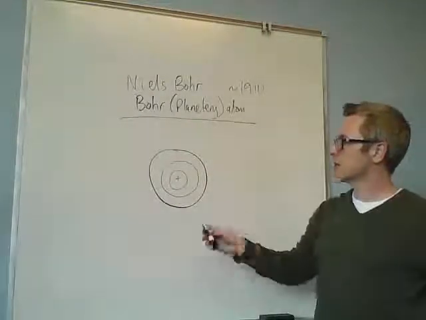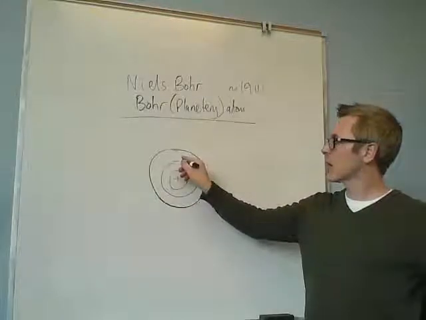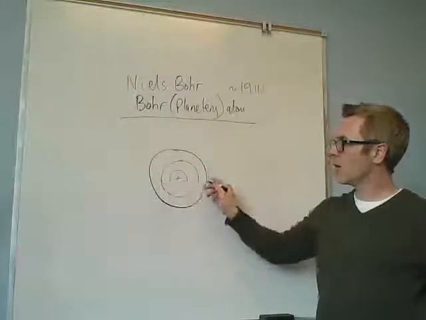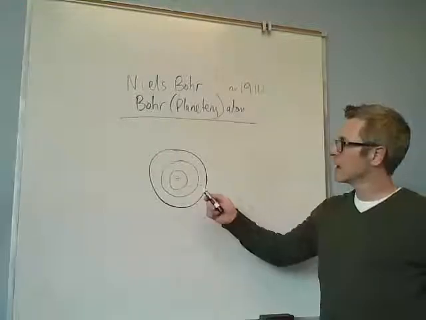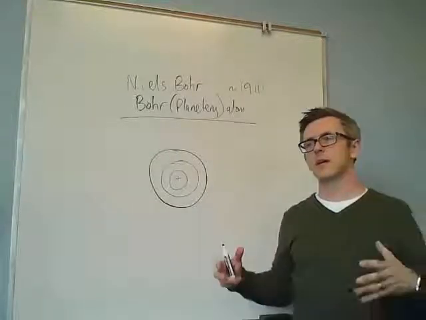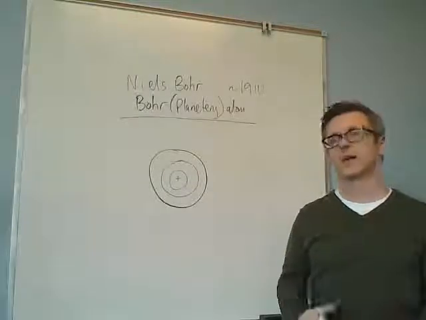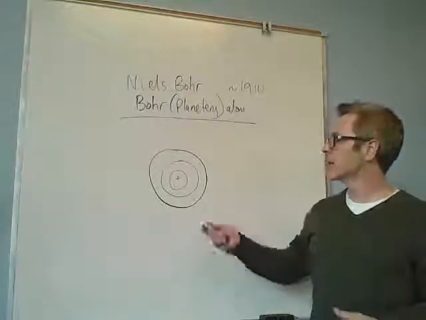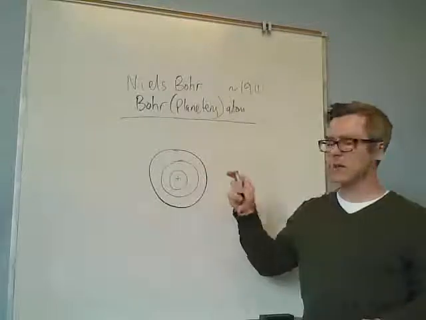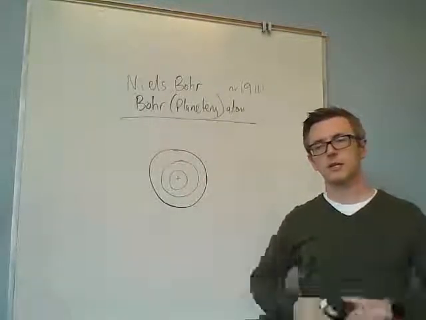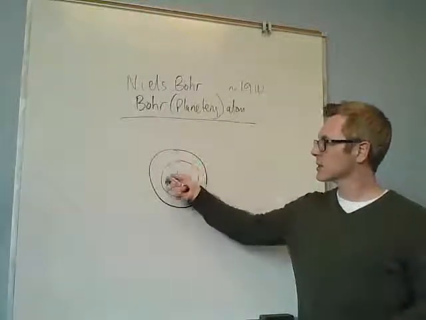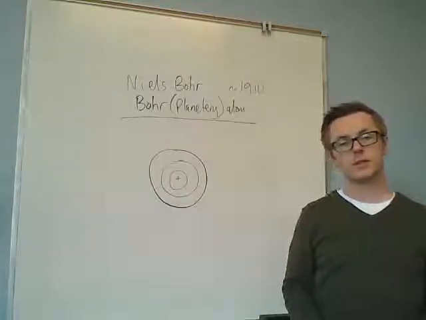It's called the planetary atom because the electrons now exist on orbits around the nucleus. So just as Earth doesn't smash into the sun because it's in an orbit, or a train doesn't smash into a building in downtown because it's on a track, these electrons are on tracks going around the nucleus.